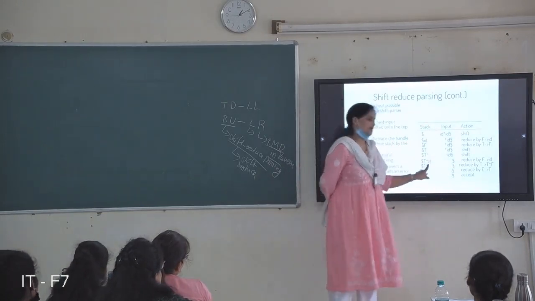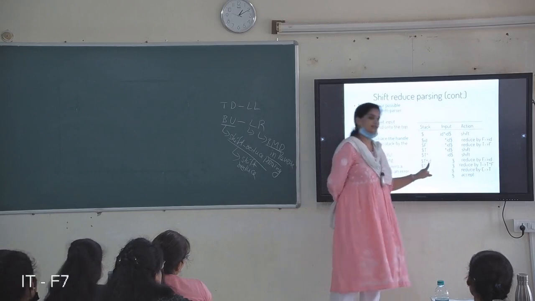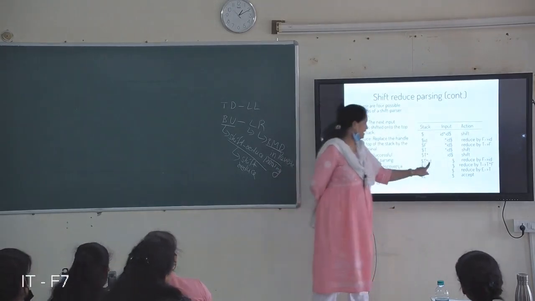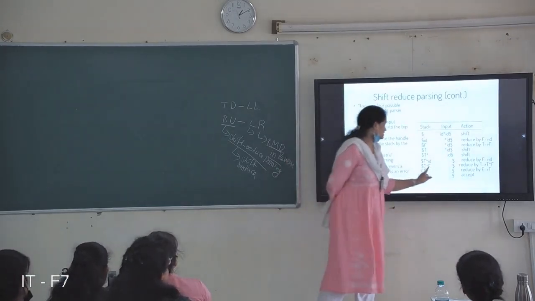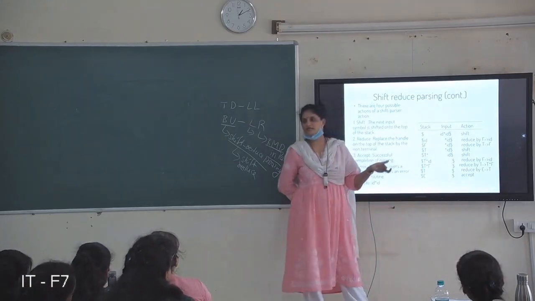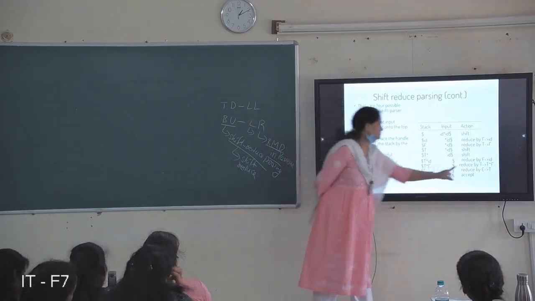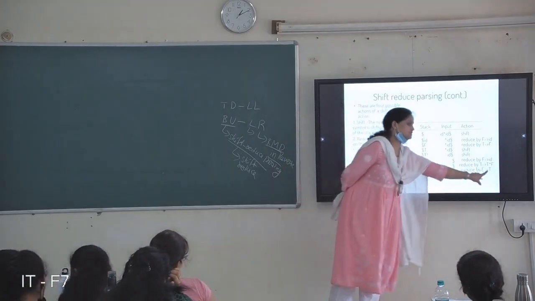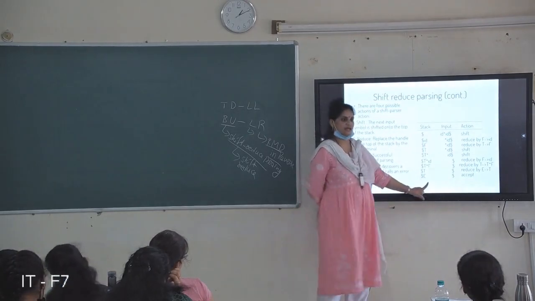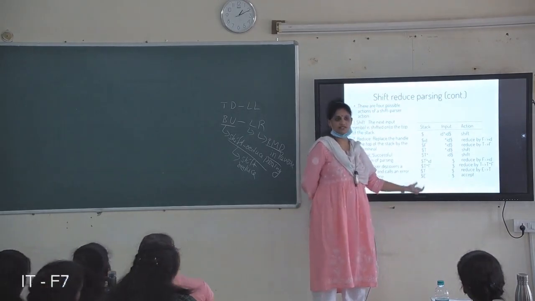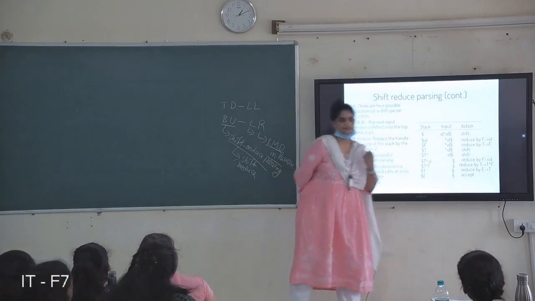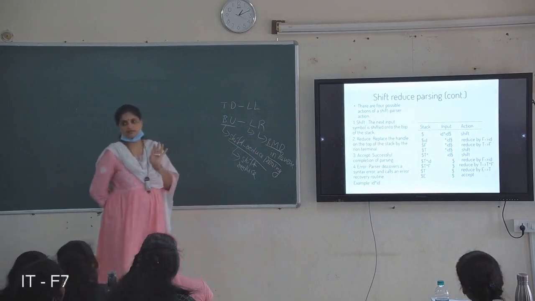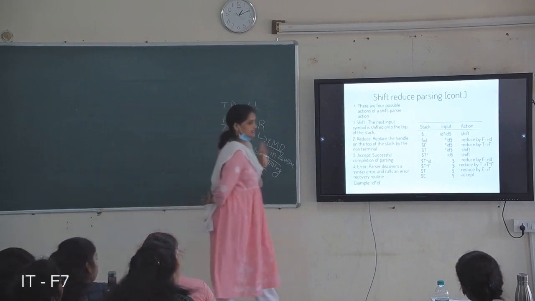Here the top of the stack contains id, which is a handle, so we perform the reduce operation, F tends to id, and id is replaced by F. And now the top three symbols on the stack become a handle: T star F is a handle, and that is replaced by T. Again T is a handle, and that is replaced by E. So at last you get the starting symbol in the stack, and that is accept. This shift reduce parser performs only these four operations: shift, reduce, accept, and error.